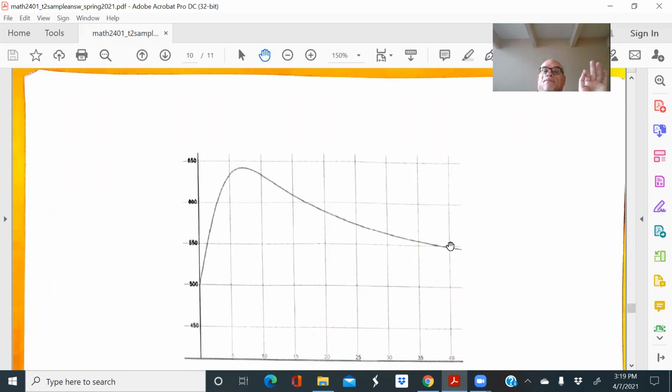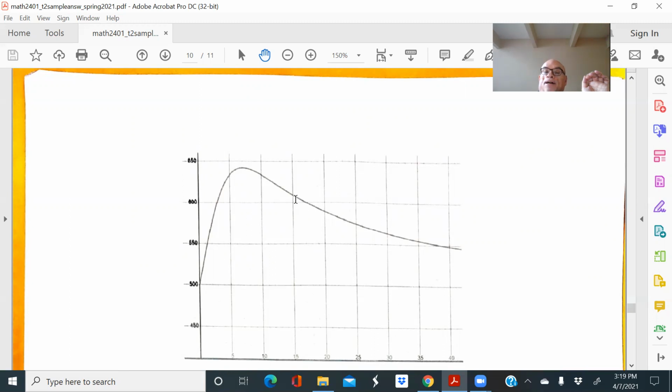So, of course, where the population is decreasing, you're going to have tangent lines with negative slopes, going downhill from left to right. And I thought right after 15, right there, was when the tangent line would be the steepest. Okay, so when we would have the steepest negative slope, right?